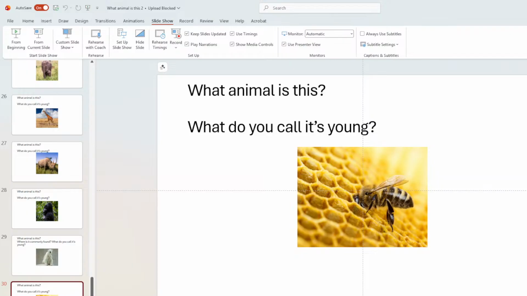Oh yeah, obviously it's a bee. And the young one of a bee is actually larva, just larva, because it comes from an egg, then there's larva, then there's pupa, and then there's an adult. So that's the young one of a bee.